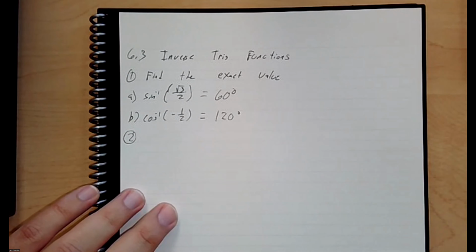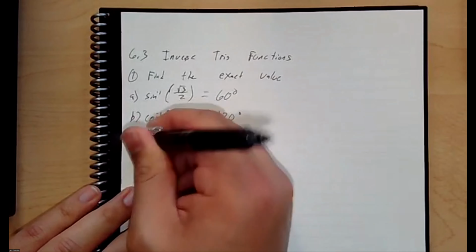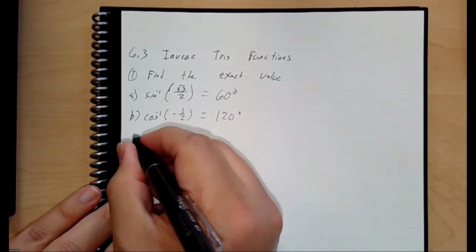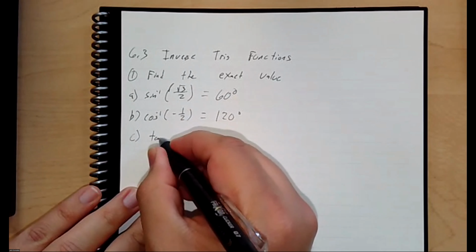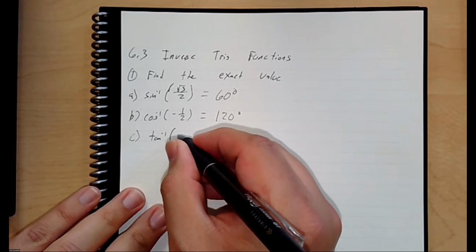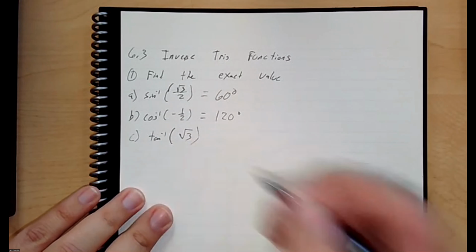And you'd have to kind of work backwards. Tangent is defined in the same spot as sine. So let's say we made up our own tangent, root 3.